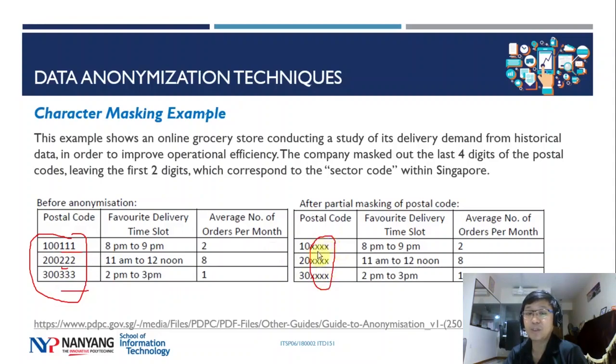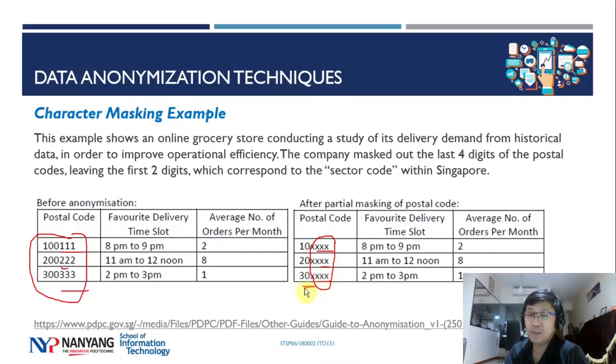You know the code, usually the last three numbers are actually your block number. So we don't want people to be able to identify which block, or we don't want to go into those details, so we try to mask it out using this.